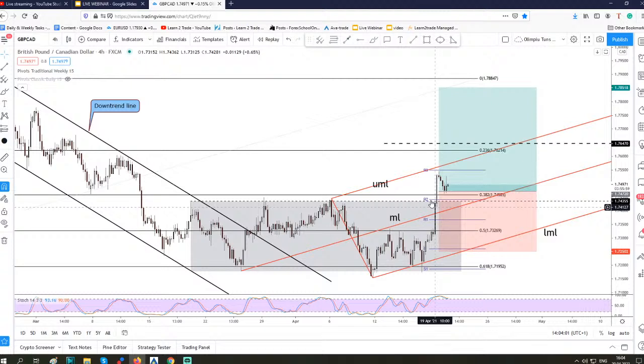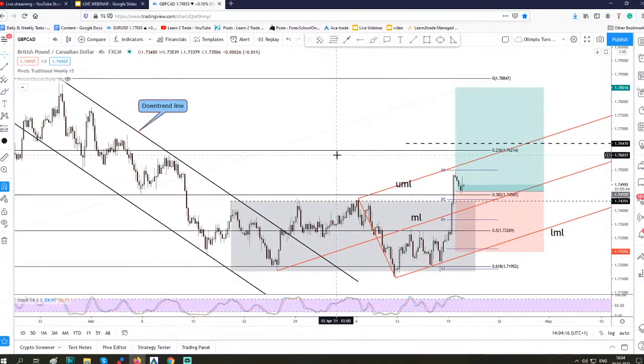And this rally, this aggressive breakout through this level 1.7435, also through the R2 towards the 38.2, has signaled that the pair could start a bullish reversal, could increase further in the short term. That's why we decided to go long.